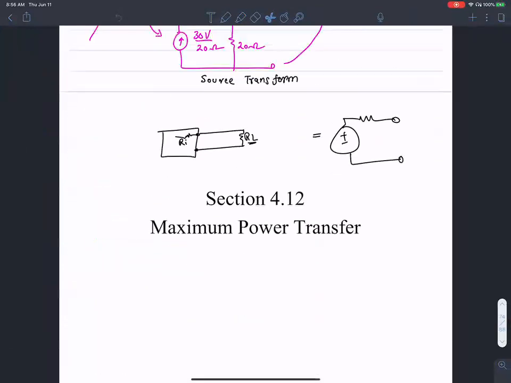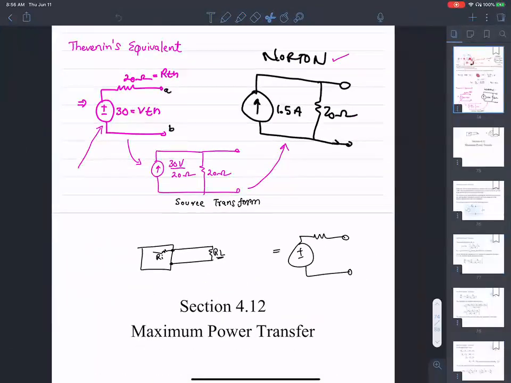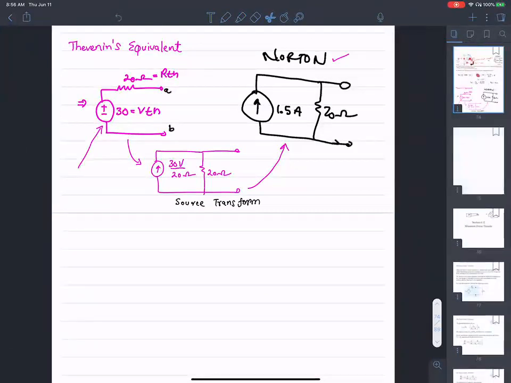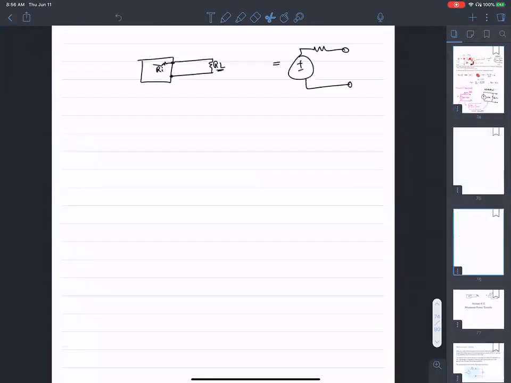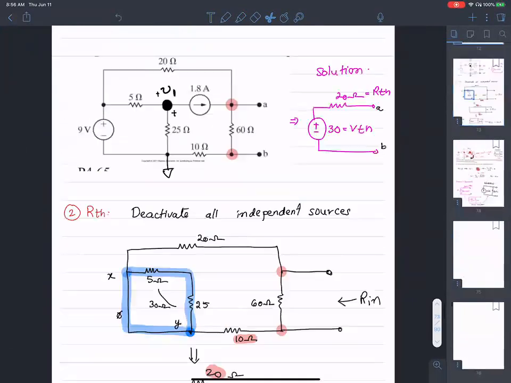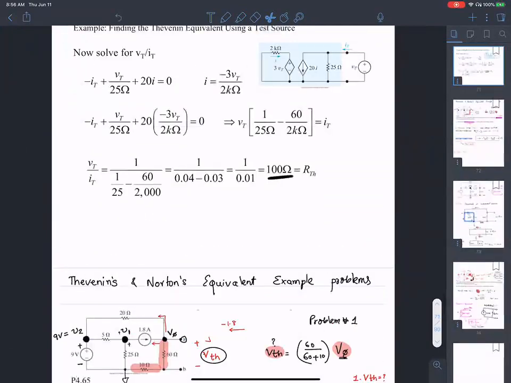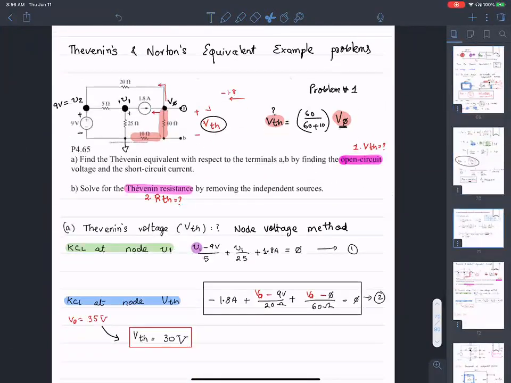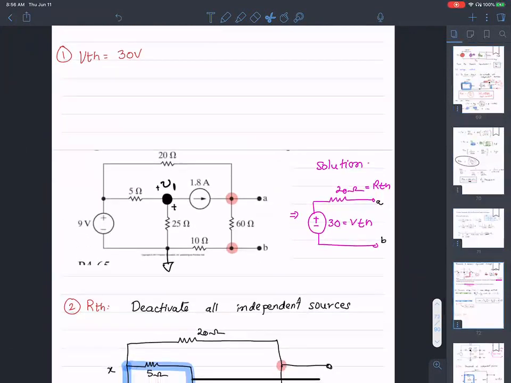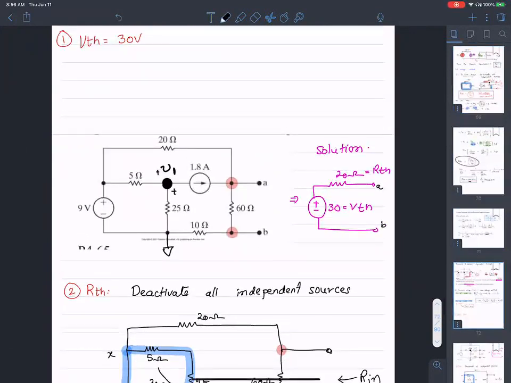Let me see if I can add a few pages here. Add a page. I'm going to properly name these pages. So this is in class problem 1.